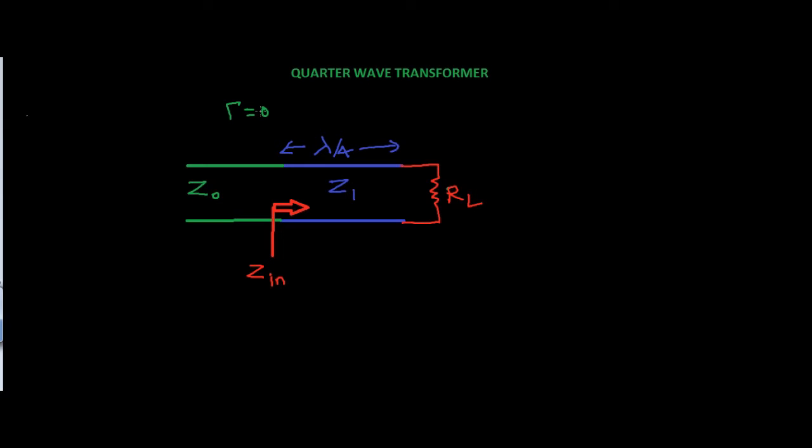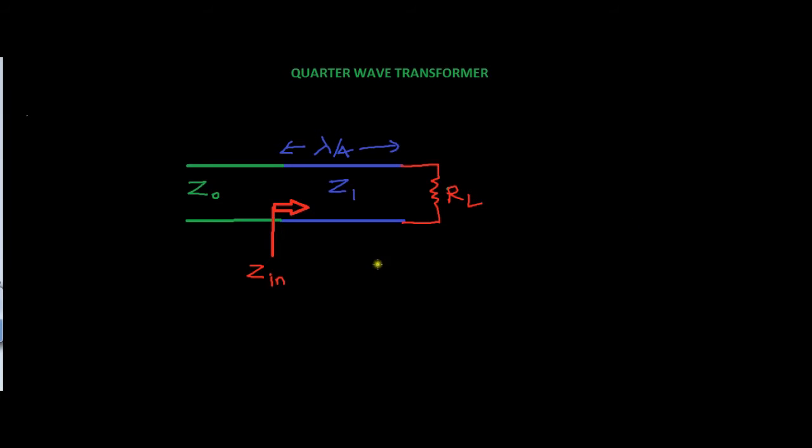Before that, we need to find the impedance seen from this side, Zin. We need to calculate the value of Zin for this lambda by 4 line. If you have seen my previous video on how to calculate the impedance of a lossless line, the final equation is this.